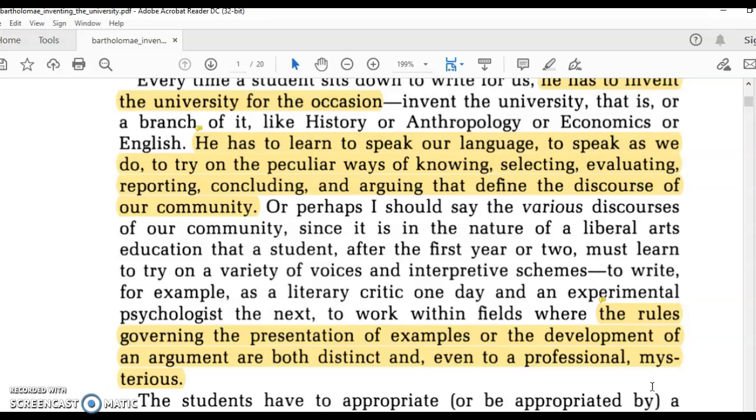I'm going to label it as his thesis, and if I'm not sure what he means here, I'm going to write down what I think this thesis is saying. Because I've read this a bunch of times, I know what Bartholomew is trying to say here. But if this is your first time reading through this essay, think about exactly what it is that Bartholomew is trying to communicate in this particular sentence. What is it he is trying to prove to us?